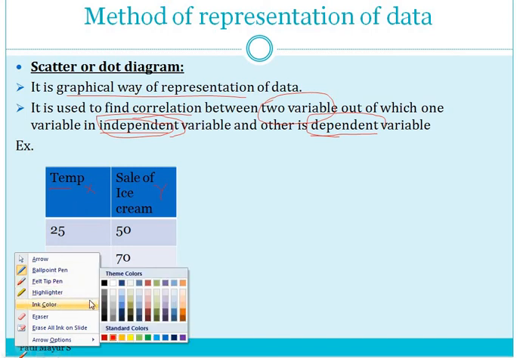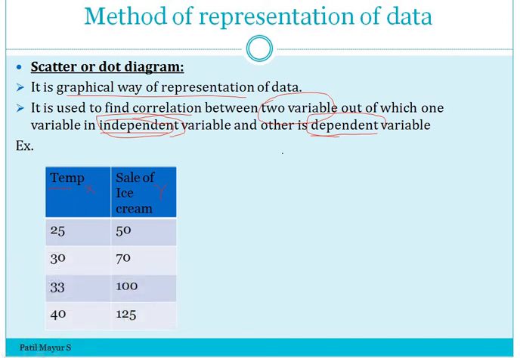If you want to plot it as a scatter diagram, we have to draw again. This is your x-axis and this is your y-axis. First we have to mark points on x and y: 25, 30, 33 and 40.